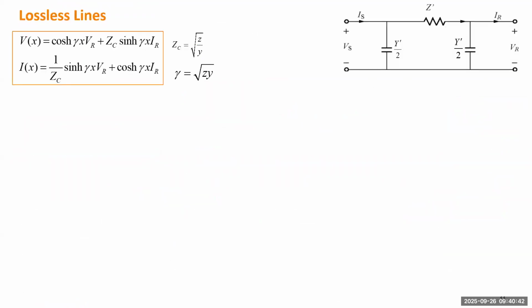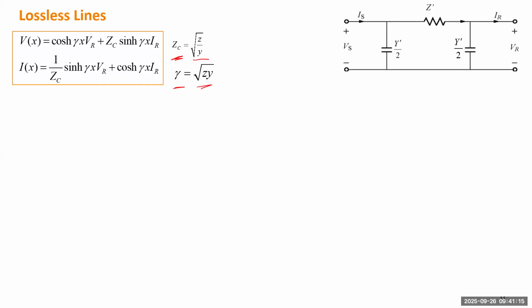Okay, so if we move on, let's talk about a special case of the long line, which is a lossless line, the line without any loss. We start from the accurate formula for any general line. We know that ZC is defined to be the square root of the division of lowercase z and y, and gamma is defined to be the square root of their product.